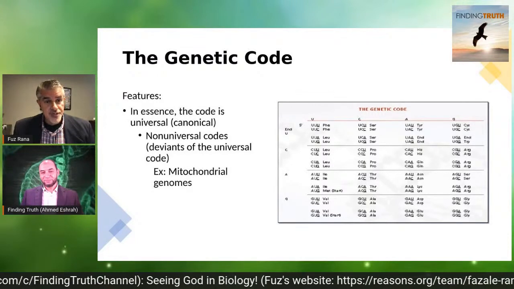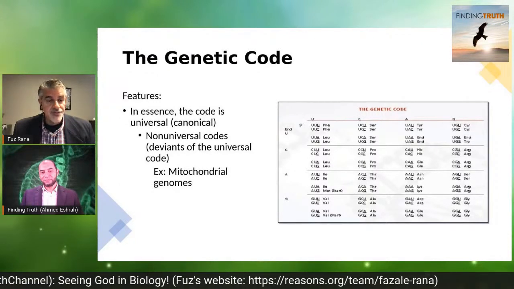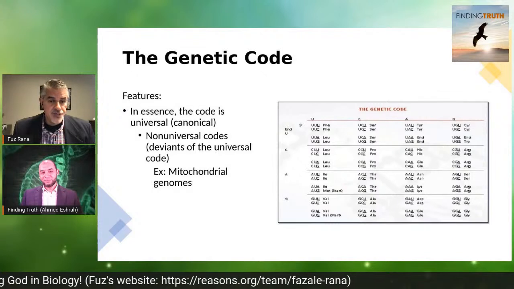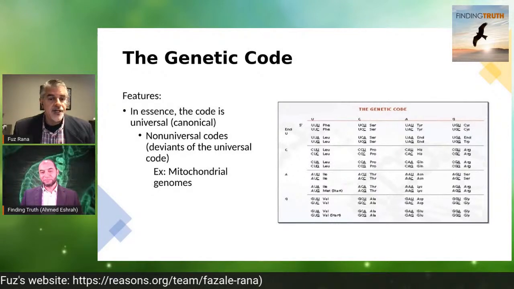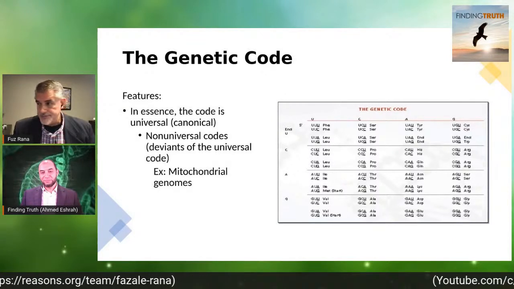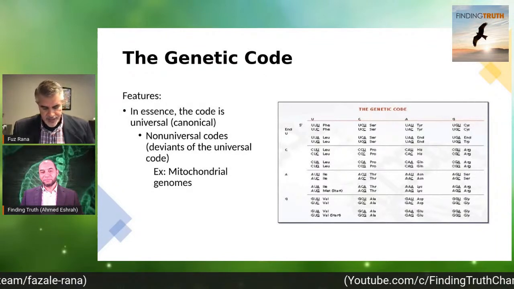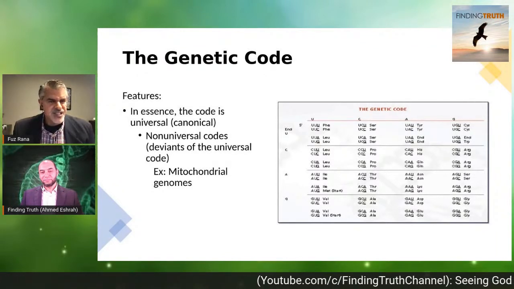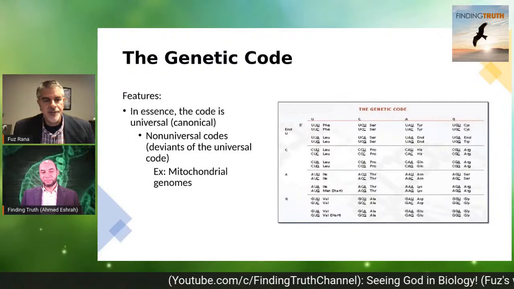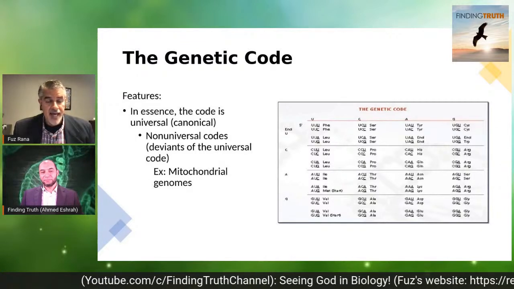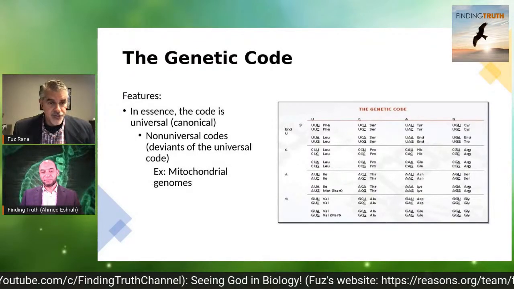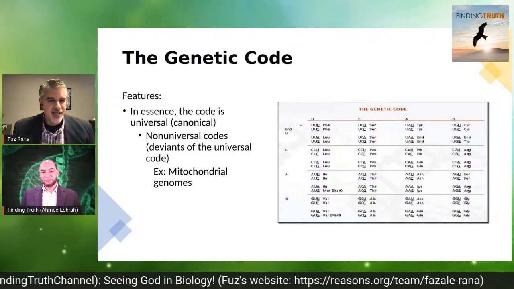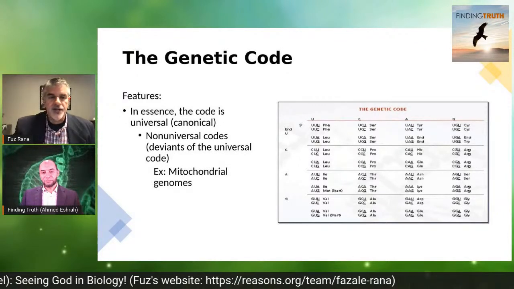Now, it is true that there are genetic codes that deviate from the universal genetic code that are found in nature. Mitochondria, for example, and some other organisms have slight variations of the genetic code. Mitochondria have a genome, and usually the mitochondrial genetic code is slightly different than the universal genetic code.